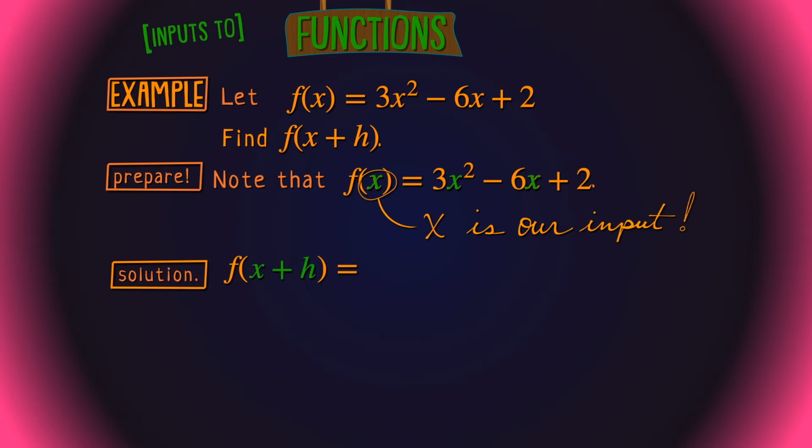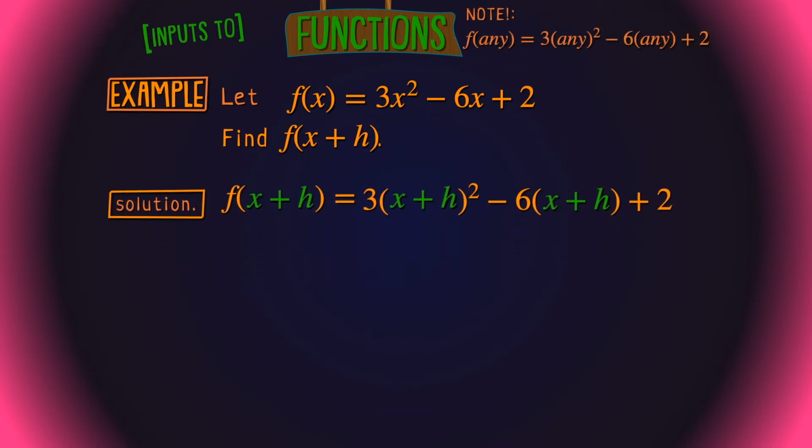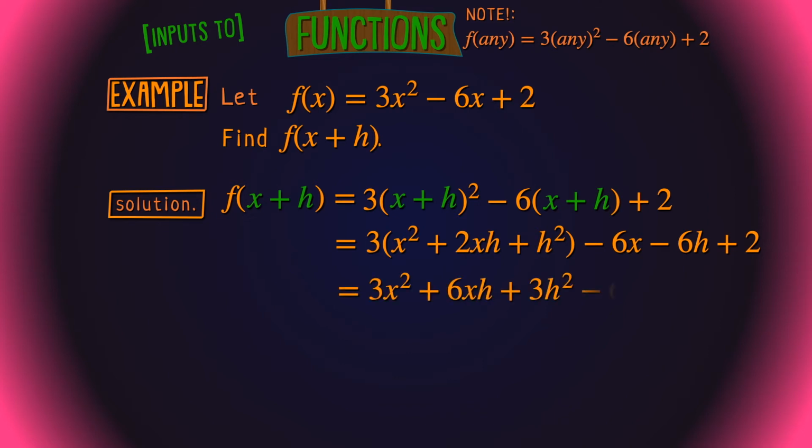So f of x plus h is going to be 3 times x plus h squared minus 6 times x plus h, that's our input, plus 2. And then we just want to simplify that as much as we can. And that can be the tricky part, because there's a lot of different places that we can make a mistake here. So if we expand x plus h squared and simplify, this is about the best we can do.